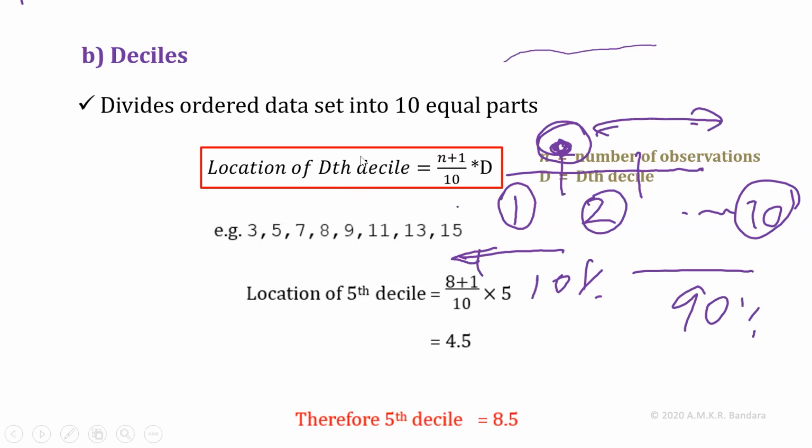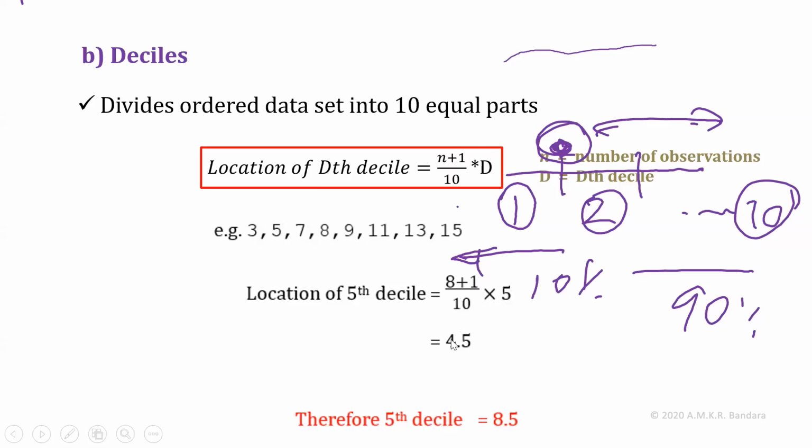The location of the dth decile, where D is 1, 2, 3, up to 10, can be found by adding 1 to the number of observations, dividing it by 10 and multiplying by the required decile. So the fifth decile of this data set, I can find by dividing 9 by 10 and multiplying by 5.